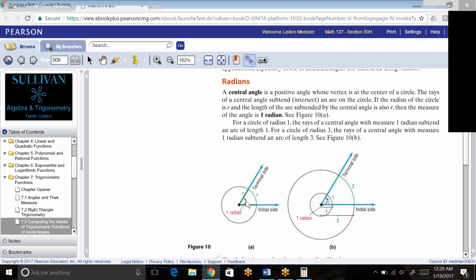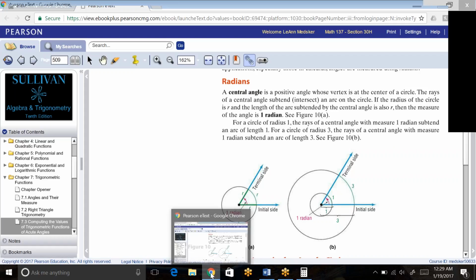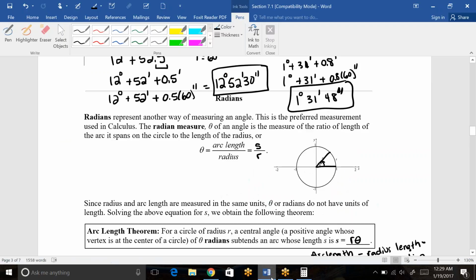So in other words, if this arc is r, and this is r, and this is r, so the radius and the arc are the same, that's considered an angle of 1 radian. So that's just so that you understand what we mean when we say that we have a radian, okay? They don't quite clearly put that into the notes here, so I wanted to make sure we talked about that.